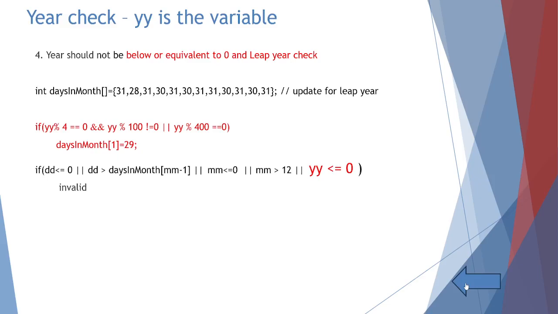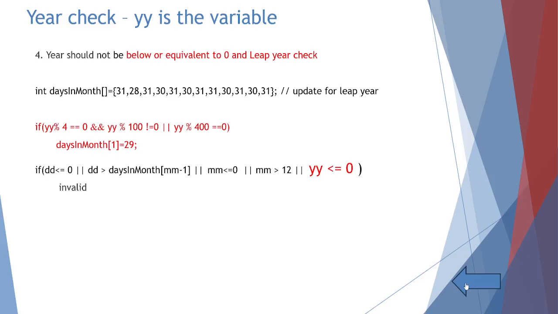So y modulo 4 double equals to 0 and y modulo 100 not equals to 0, or y modulo 400 double equals to 0, in that case, days in a month of 1, that is February, has 29 days.